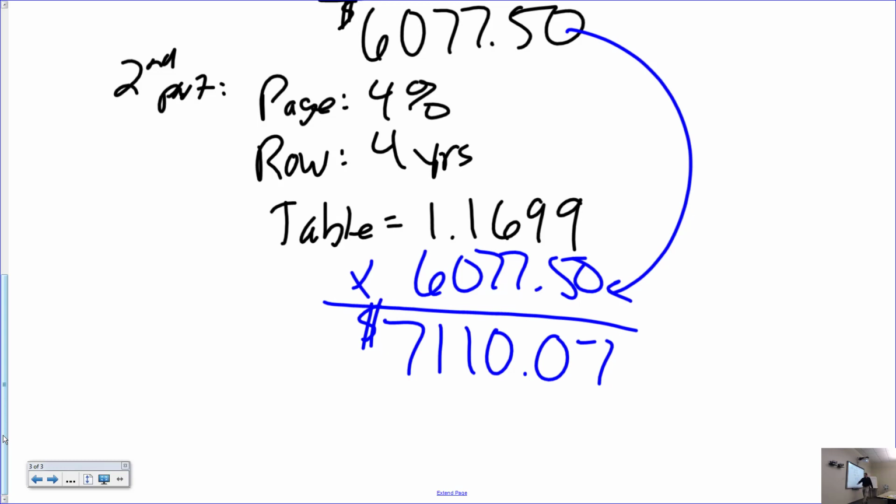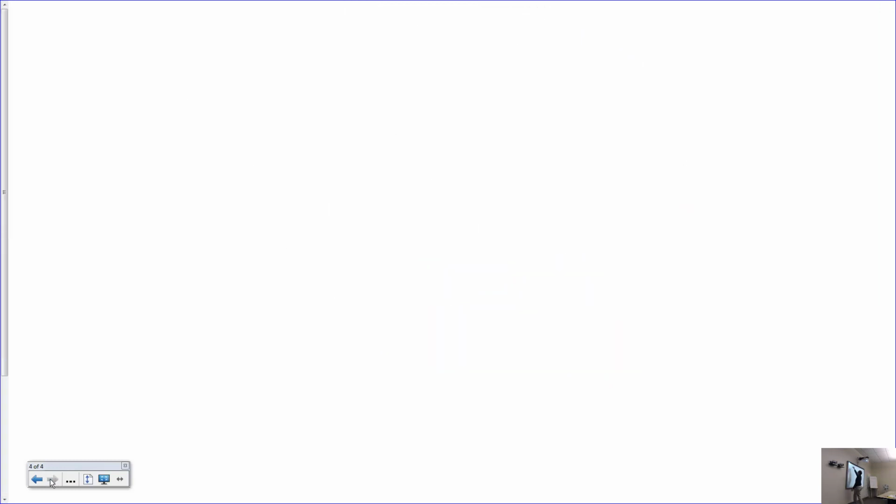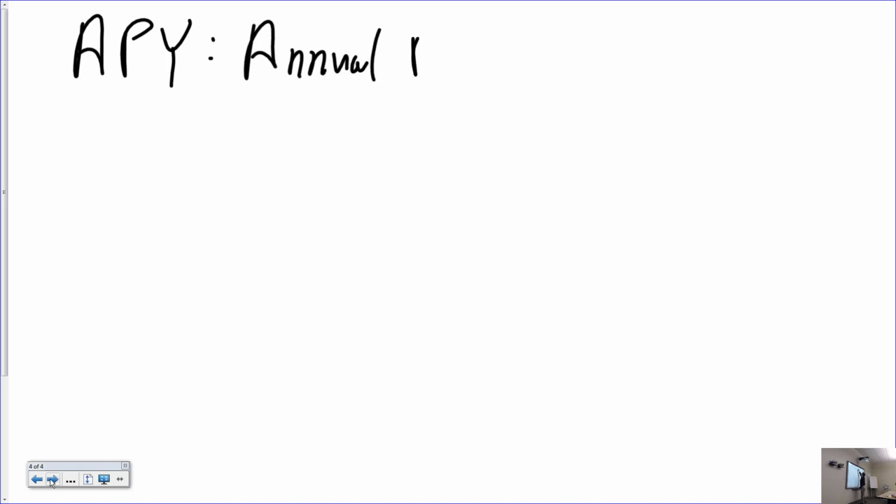Now, if you've worked in banking, you have seen this 3-letter acronym, APY. Does anybody know what APY stands for? Percentage per year. Close. Annual percentage yield. You don't have to say per year because annual means that.